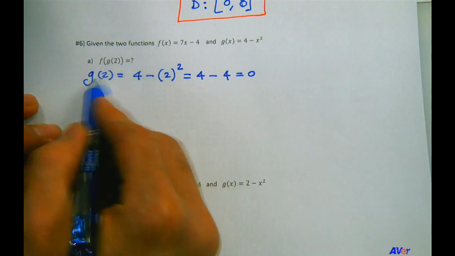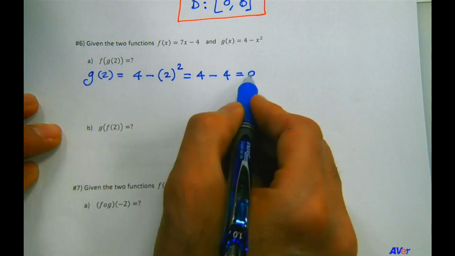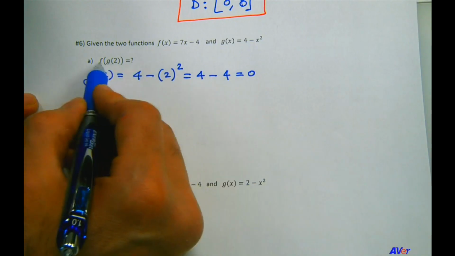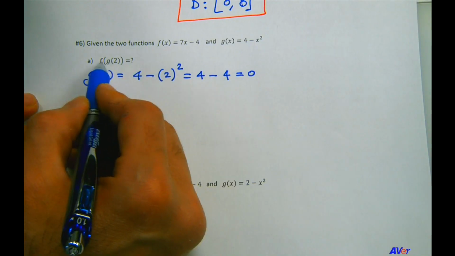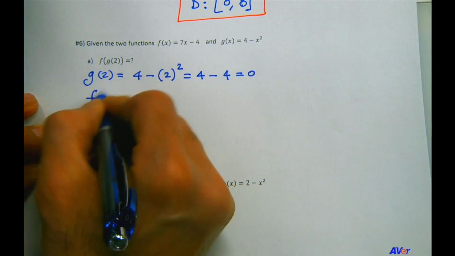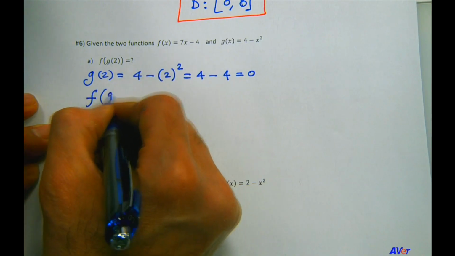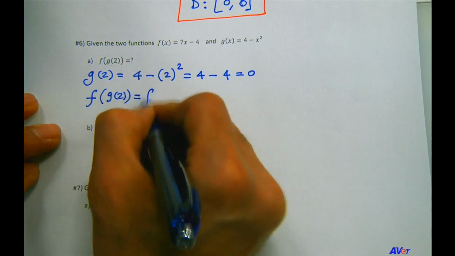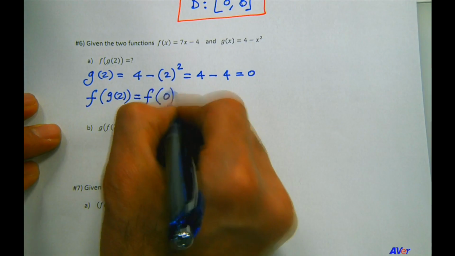So the function g at 2 is 0. Now that 0 goes inside function f. Where can it go? x is where it can go. So function f at g at 2 is equal to function f at 0.